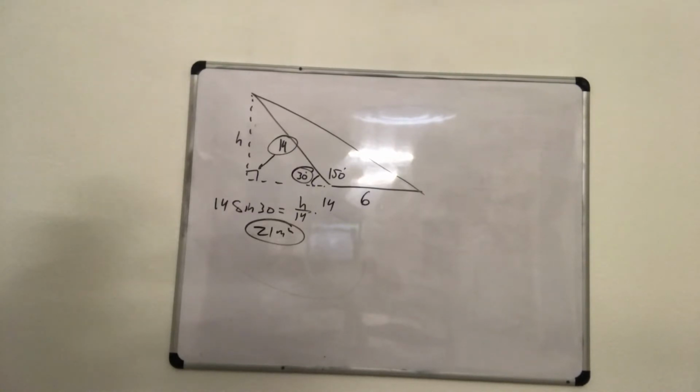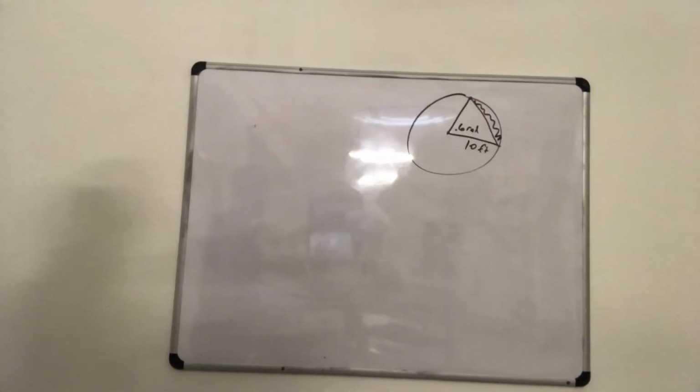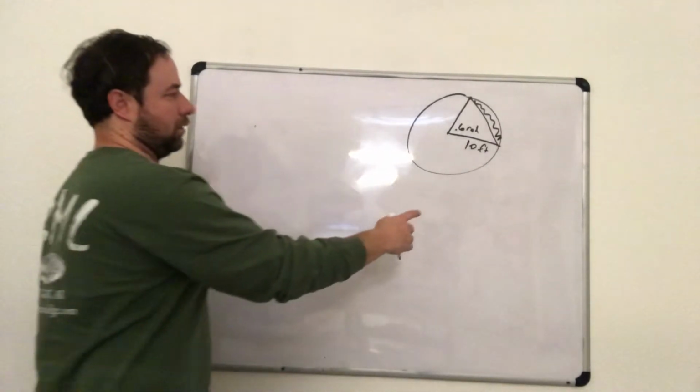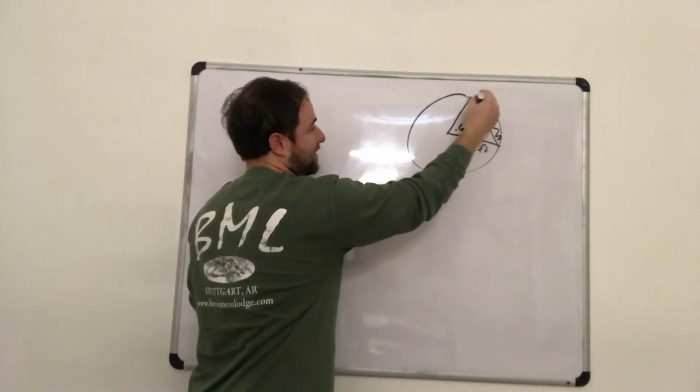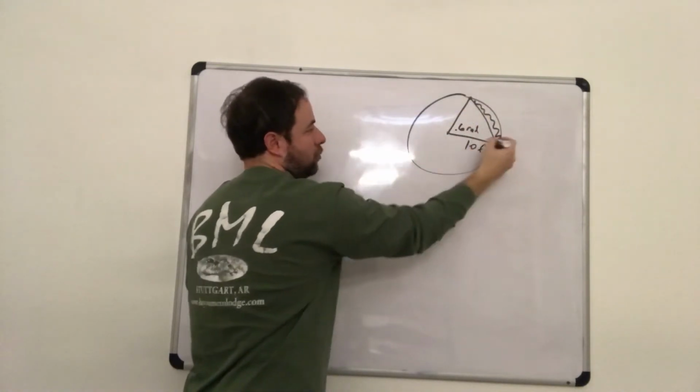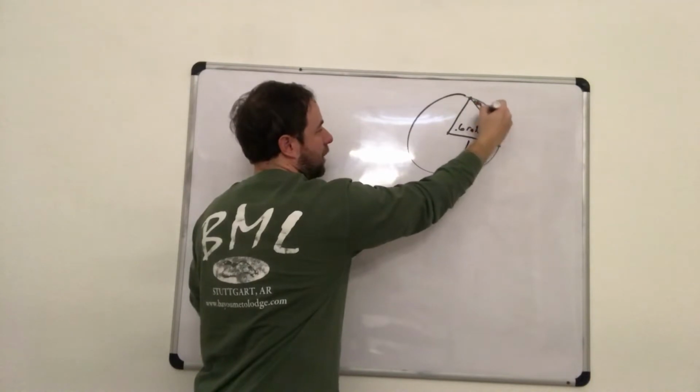That's area of a triangle without a right angle. We have one more geometry type in lesson 56, and then we'll look at some graphing stuff. In this one, they're going to give you a triangle and a sector, and they're going to want you just to find the area of the shaded part.